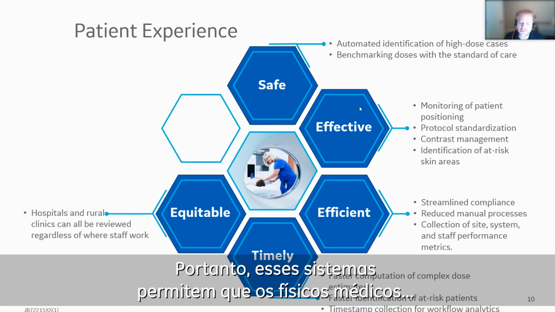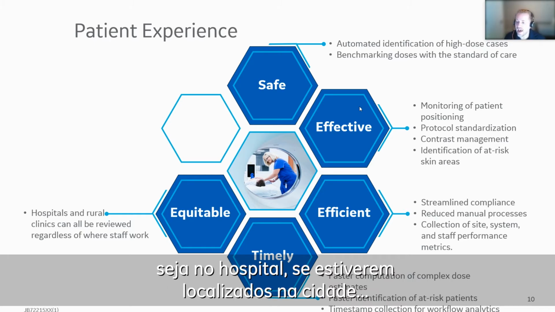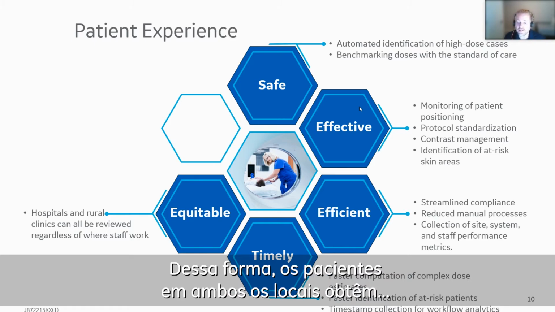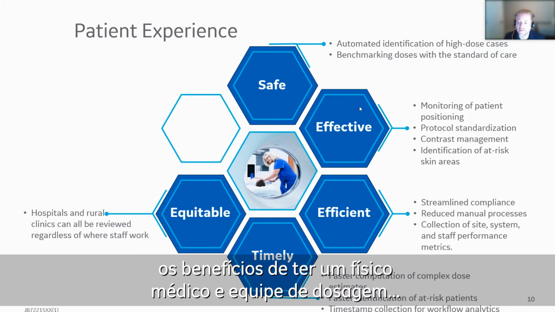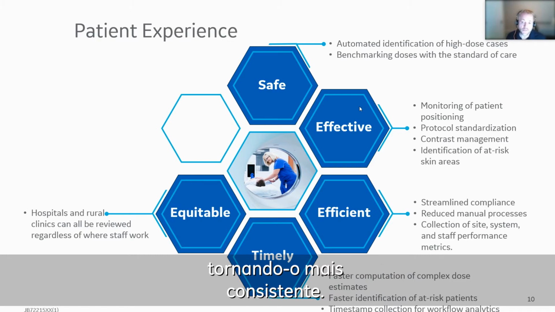So these systems allow medical physicists to monitor and oversee the performance of imaging, whether they're at the hospital where they may be located in the city or in some rural clinic. And that way, the patients at both locations get the benefit of having a medical physicist and a dose team monitor the quality of care that's being provided, making it more consistent.